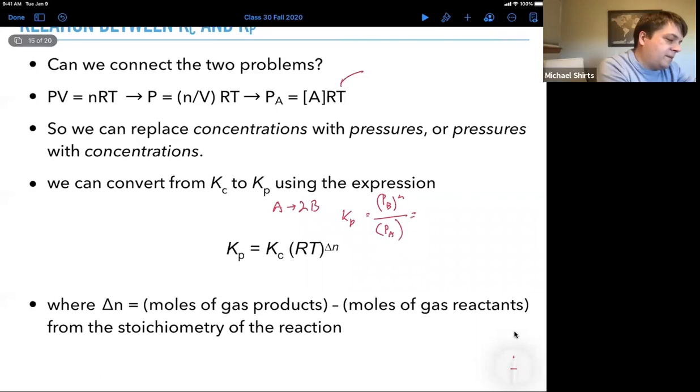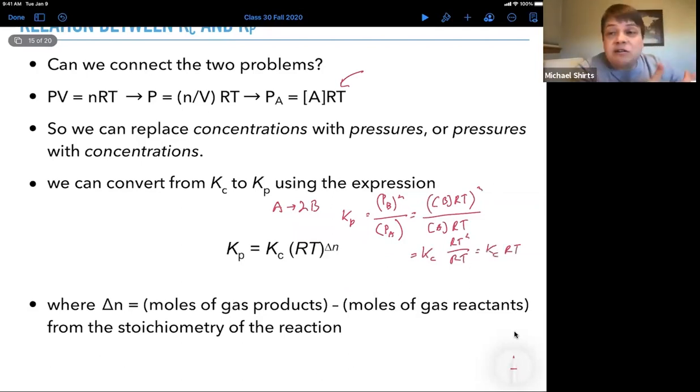But from up here, we know that this is the concentration of B times RT squared, and this is going to be the concentration of A times RT, and this is going to be Kc times RT squared over RT equals Kc times RT.